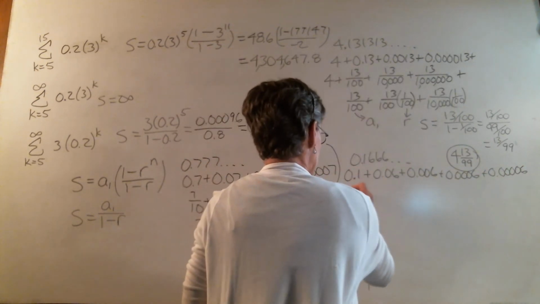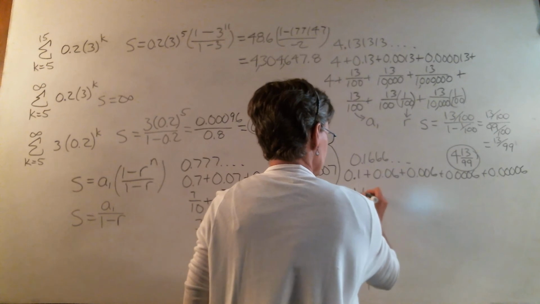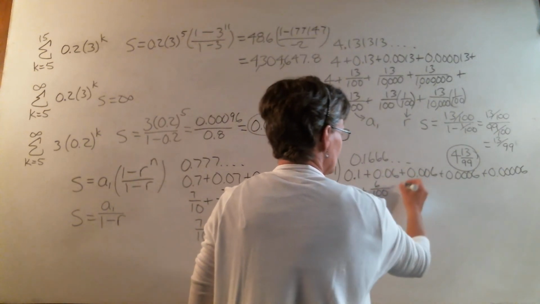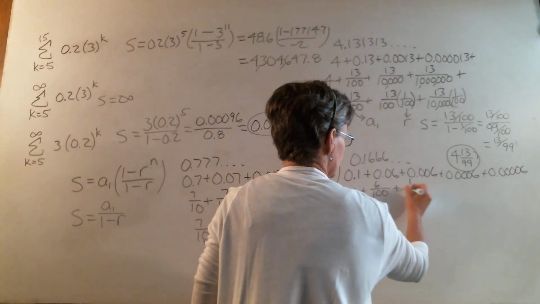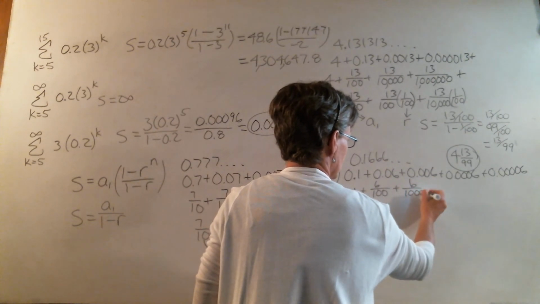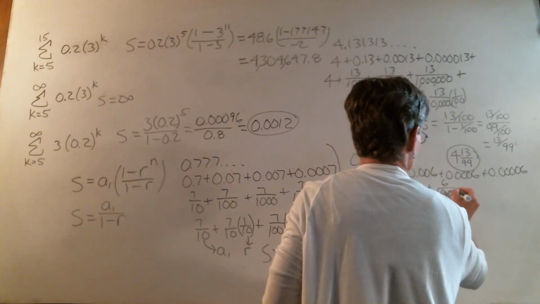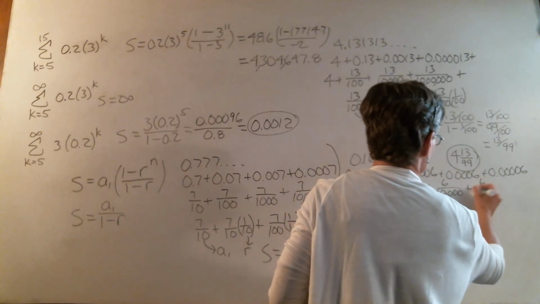Okay, well, here's my spectator 0.1. Now, this is 6 over 100. This is 6 over 1,000. And then we have 6 over 10,000. And then we have 6 over 100,000.